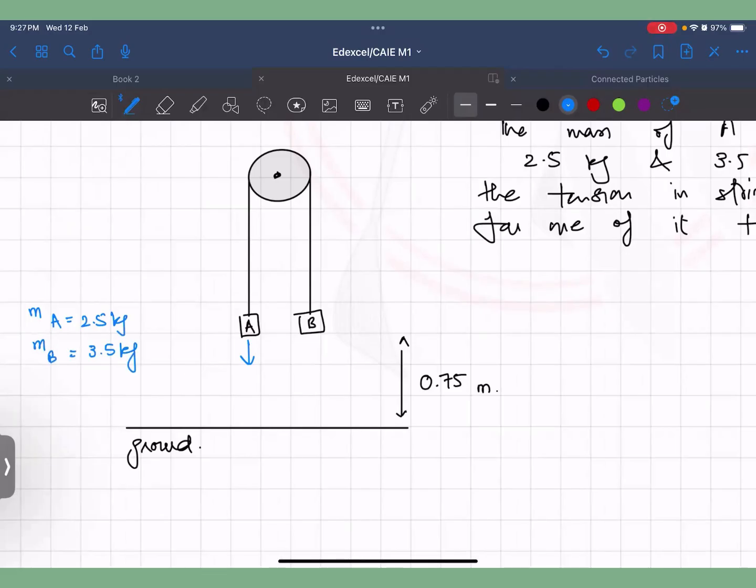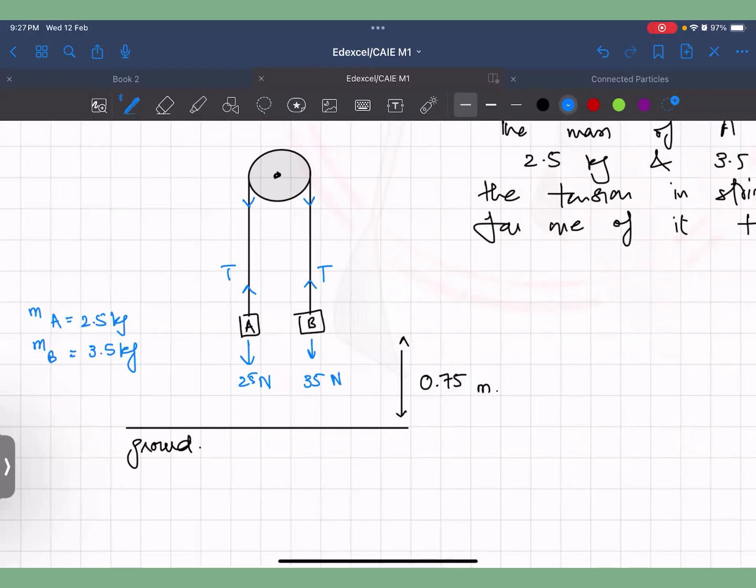So the weight of A would be mg, which is 25 Newton, and the weight of B would be 35 Newton. The force opposing both of these weights would be the tension in the string. Both of the tensions are opposing the weight. Here, the tension would be like this, so this is the direction.